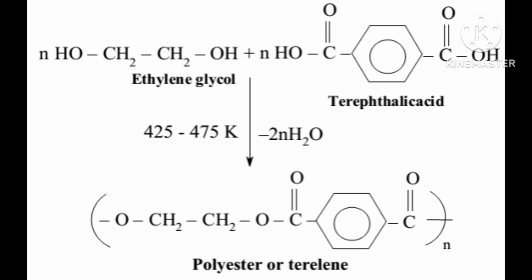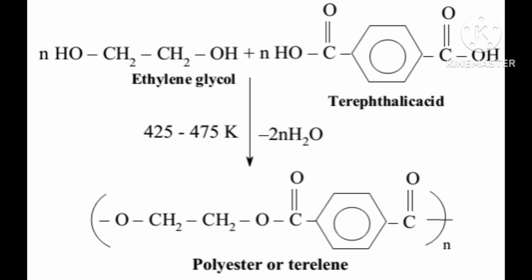Then if you take n molecules of acrylonitrile, the same way the reaction takes place in the presence of peroxide, a polymerization reaction. The double bond becomes a single bond, all things are the same.